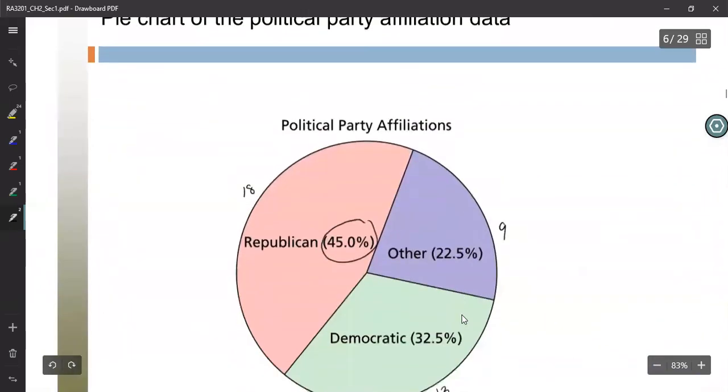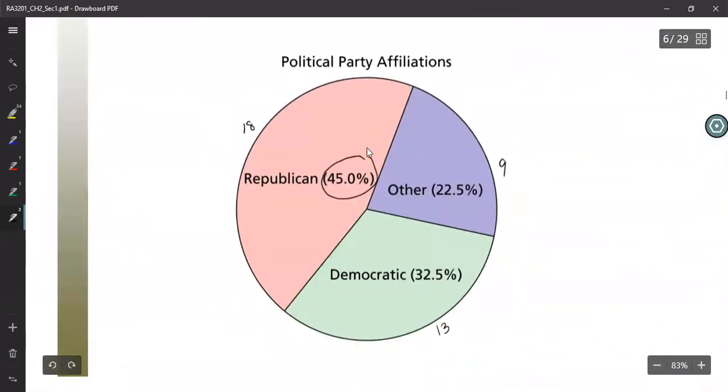But when you have it summarized in a graph, now it is very clear which party has the highest, which party has the lowest, and what are their relations, right? So you can very easily see it. So that is why we say graphs will make your data more meaningful and easy to understand. Now, a person who's looking at this graph will get the information in a few seconds, right?